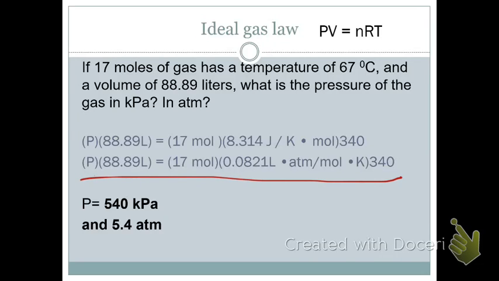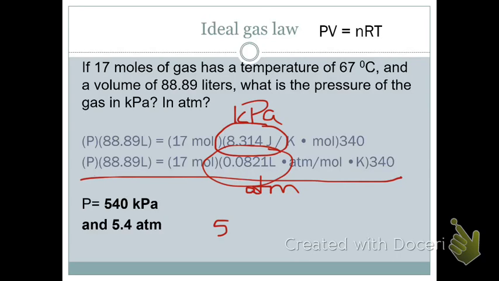You can lay everything back out, and instead of putting the 8.3414 for kilopascals, you can use 0.0821 for atmospheres, or you can do it like I told you. We know we have 540 kilopascals, and 1 atmosphere is equal to 101.3 kilopascals.